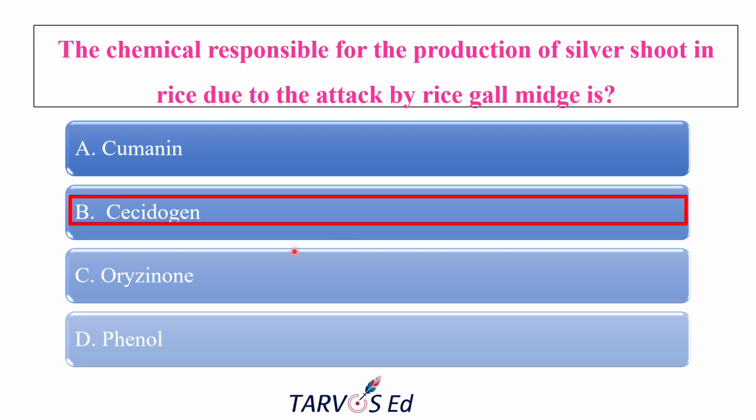Oryzanol is a natural antioxidant mainly found in rice bran and bran oil. It has nothing to do with silvershoot production in rice. And phenol is a very general phenolic compound, not a specific gall producing chemical. So the correct answer is cecidogen.